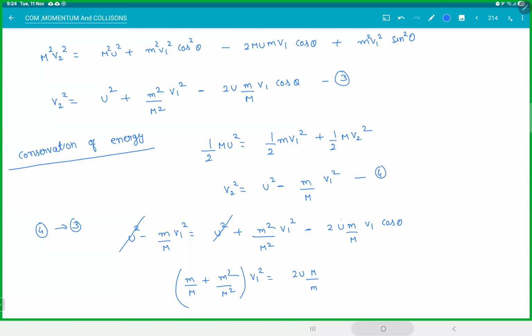I still have U left here. I don't want that. It will become lengthy actually. I didn't simplify it properly.